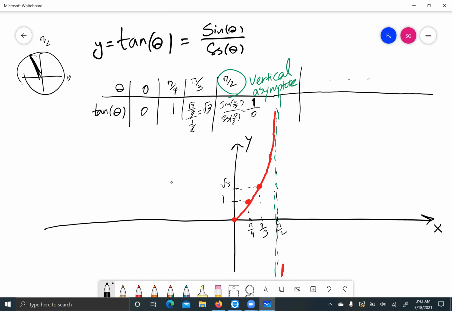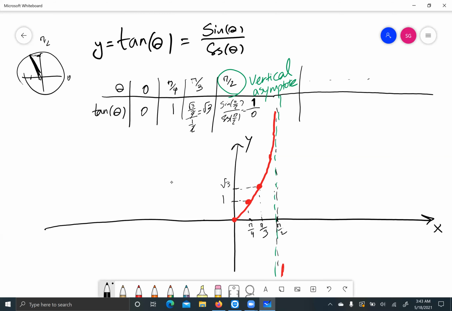Tangent is the division of sine over cosine. You have a large sine, so you have a large tangent, but because the sine is positive and the cosine is negative, you end up with a negative number up to pi.